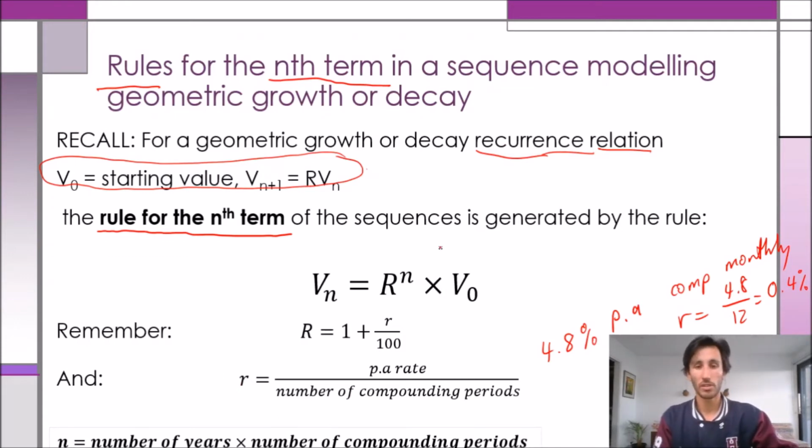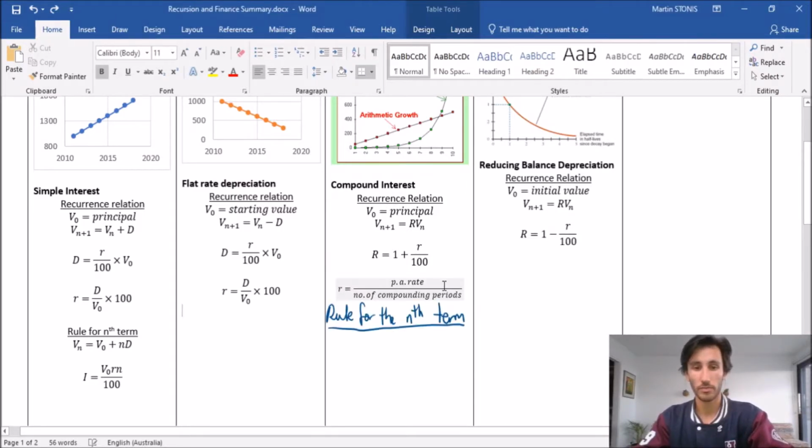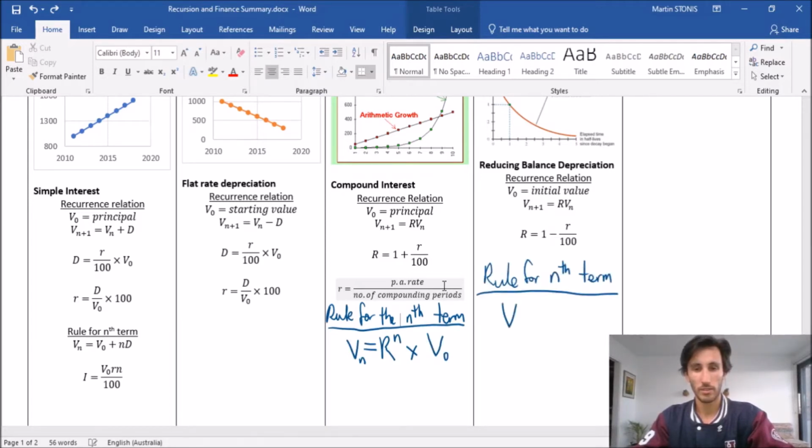Now we also have to determine little n. If we have a different compounding period to yearly, then n is the number of years times the number of compounding periods. Now all of this stuff should now be in your sheet of notes like this. So I'll give you some time to write that down.